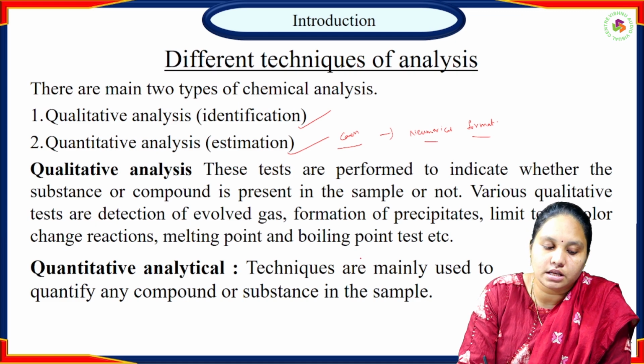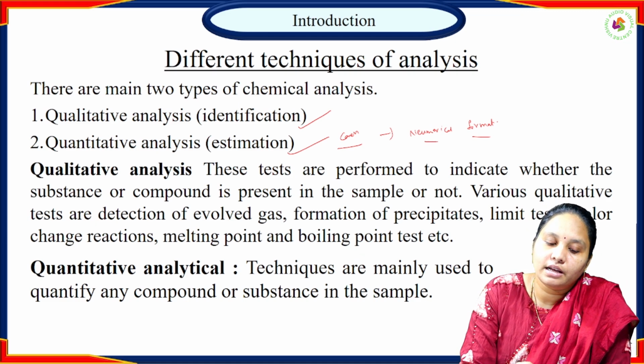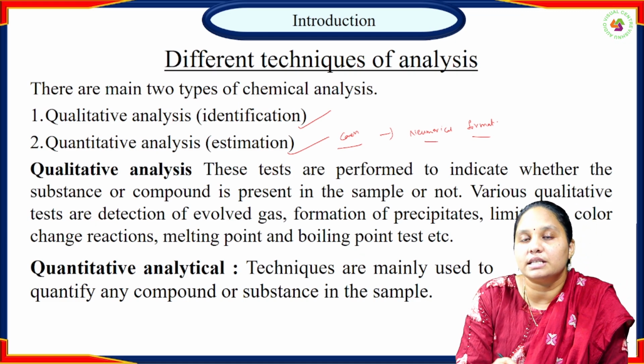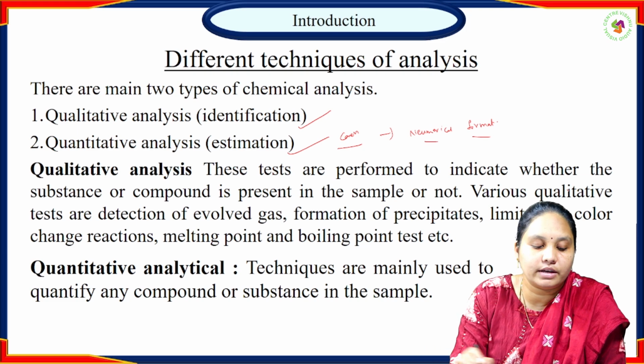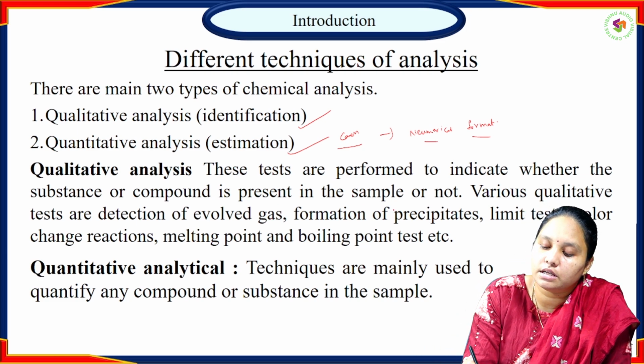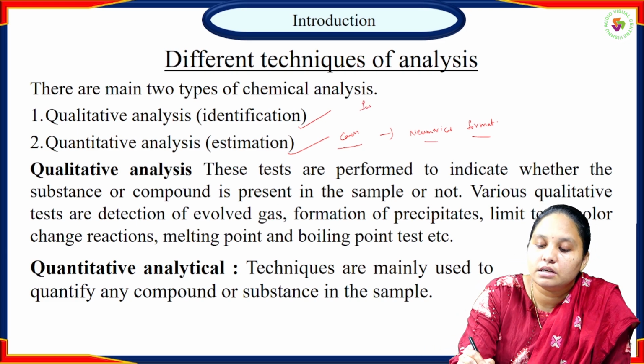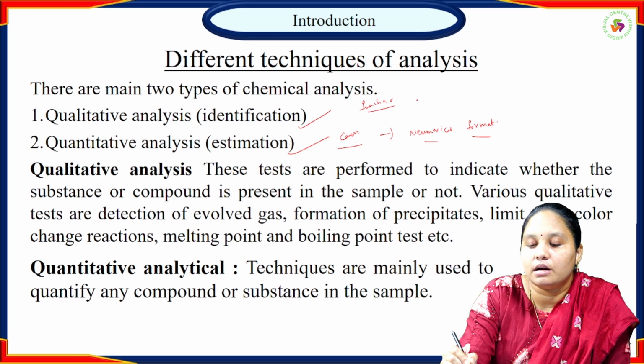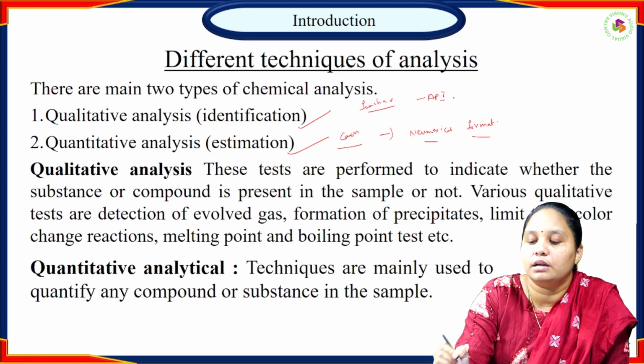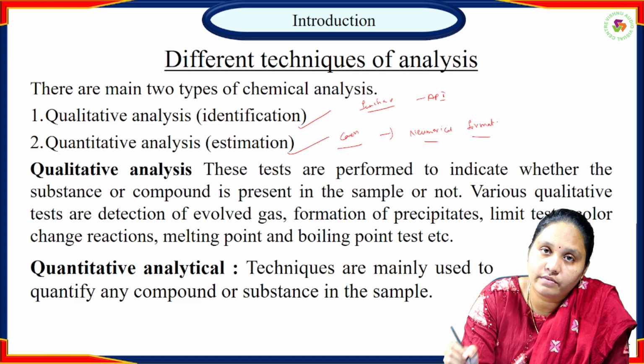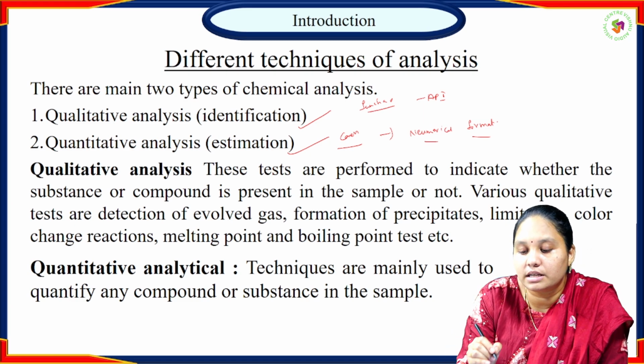This is quantitative analysis. See, in qualitative analysis, these tests are performed to indicate whether the substance or compound is present in the sample or not. Whether the required functional groups are there in a particular API or not, that is checked by the qualitative analysis method.